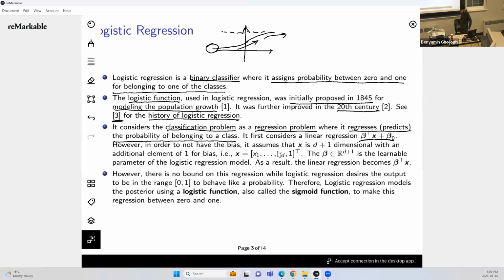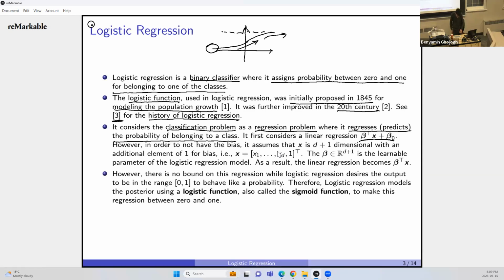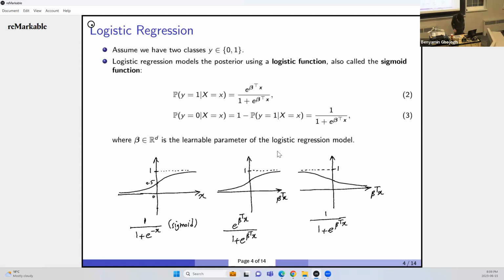So its value should be bounded between 0 and 1. Therefore, for bounding it, I use the logistic function, also called the sigmoid function. And what does it do? It maps the unbounded data value to between 0 and 1. So this is the sigmoid or logistic function.